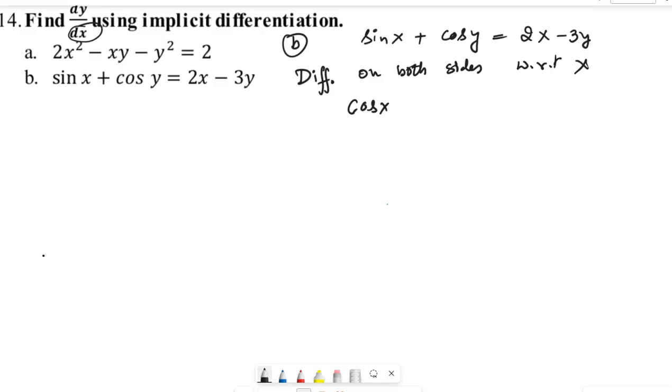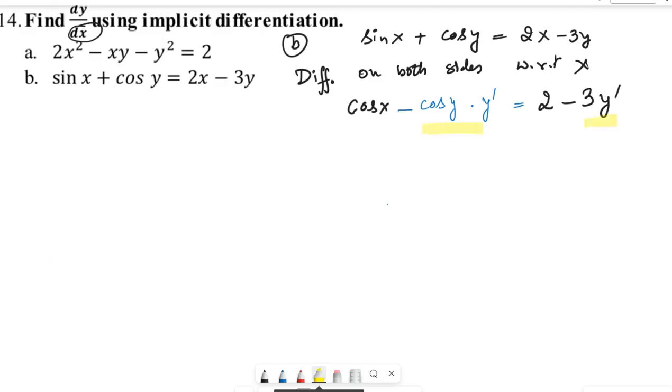Because we're differentiating with respect to x, x is the independent variable. Plus, the derivative of cosine is actually negative, so we're going to write negative sine y. Whenever the function has y, you need to write y prime next to it, because y is a dependent function. Equal to, the derivative of 2x is just 2, minus 3, and the derivative of y is y prime.